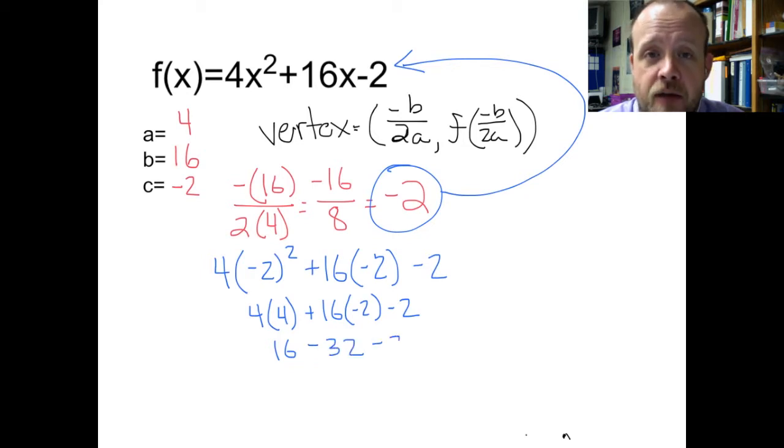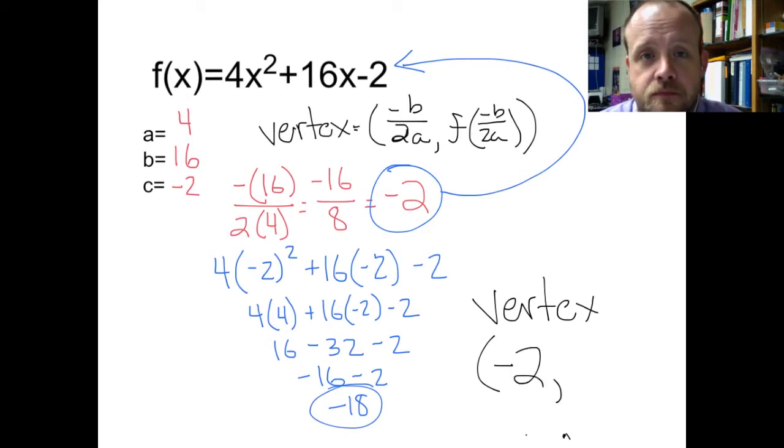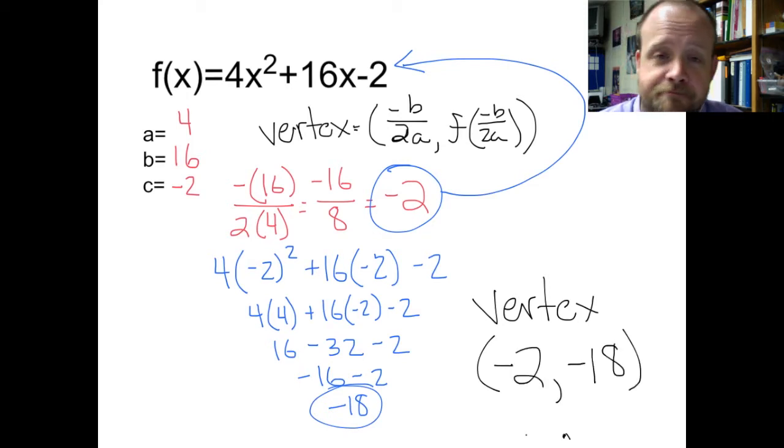And combine all that, we get negative 16 minus 2, we get negative 18. And there's our second value. So in this case, our vertex becomes the point located at negative 2, negative 18. And that's it. One more example before we finish up.